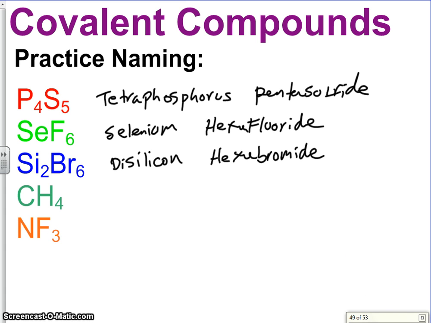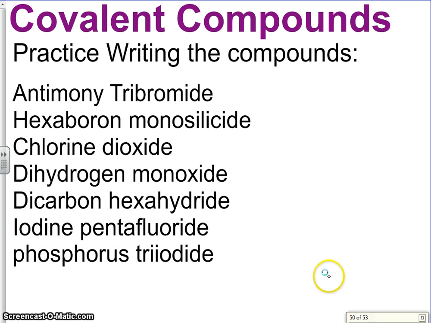Not too bad. Let's talk about how do we write these into compounds. Well, it's just as easy. Antimony is Sb. There's only one of them because there's no prefix. Tri is 3. Bromide is bromine. So we have SbBr3. Notice no cross and swap. I'm only writing exactly what the name tells me. Hexaboron tells me I need 6 borons, because it's hexa.